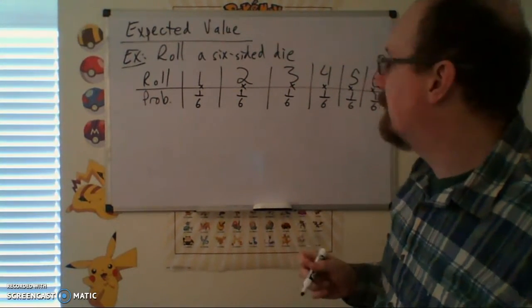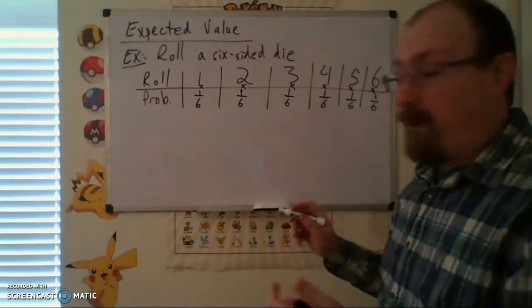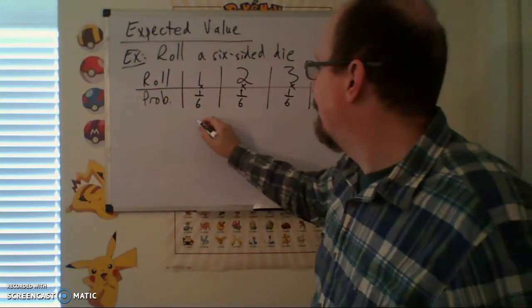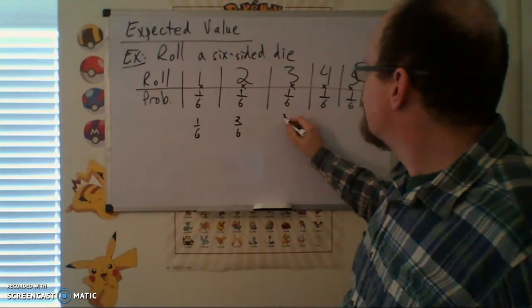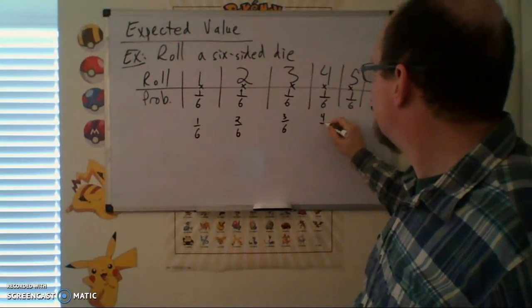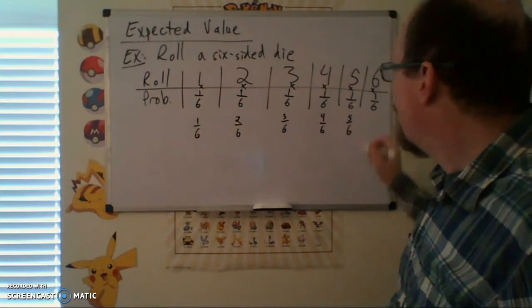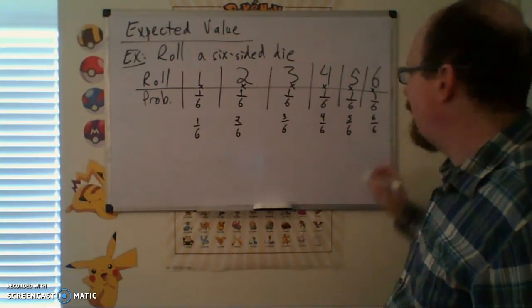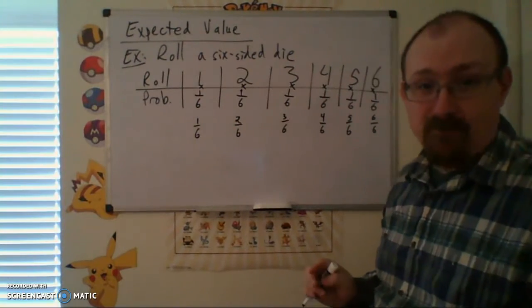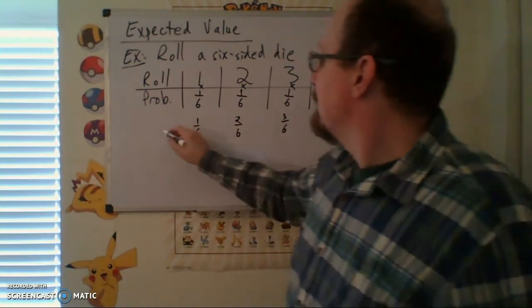Then I'll write out those results underneath here. So we have 1/6. If you wanted to reduce the fractions, you can. It's not a big deal here. Based on what we see in the next step, you'll see why I'm not doing it. But I've got all of those written out right there.